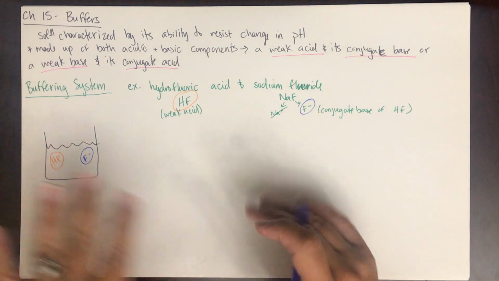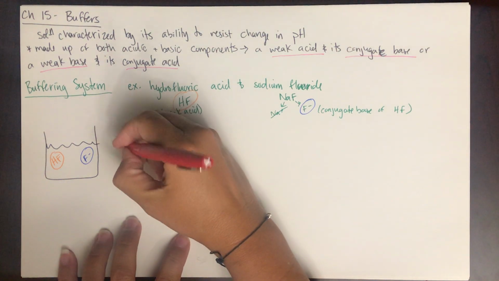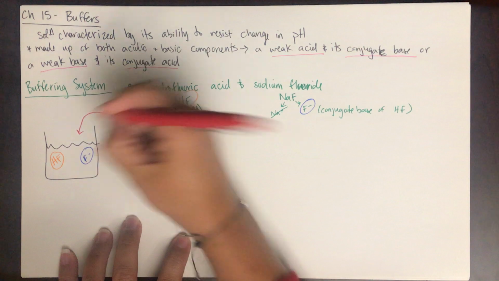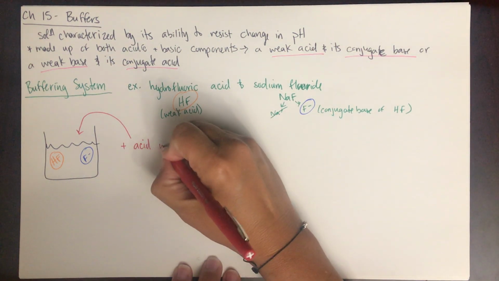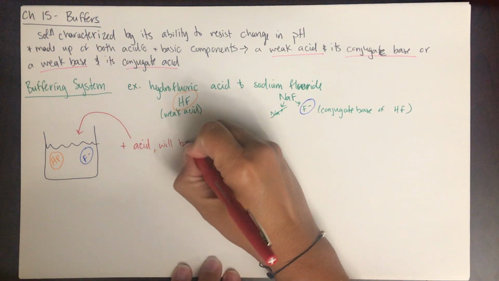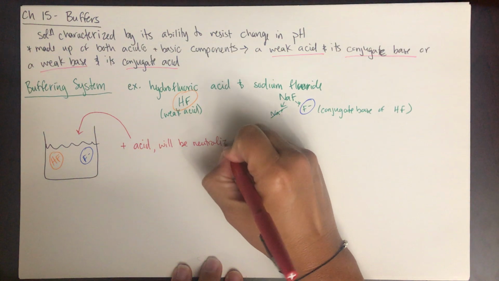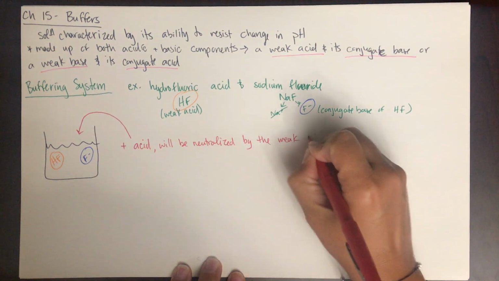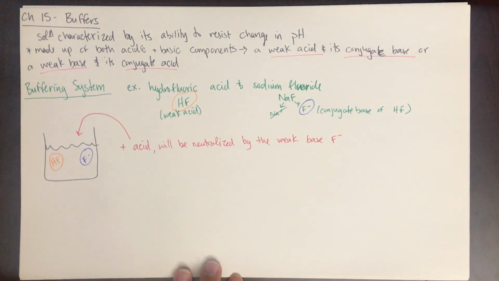So what happens when you have a buffering system like this is if you add an acid, the acid will be neutralized by the weak base, the fluoride ion.